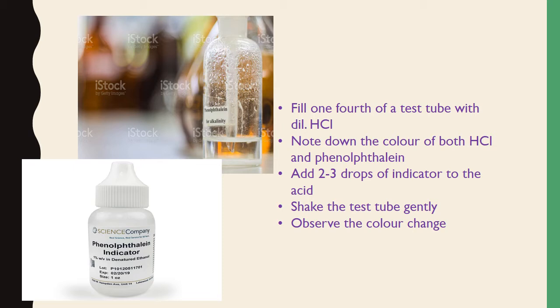So we take a test tube and fill it with dilute HCl. Then we note down the color of both HCl and phenolphthalein indicator. Then add 2 or 3 drops of indicator to the acid and shake the test tube gently. We have to observe the color change, and see if there is any change in the color.